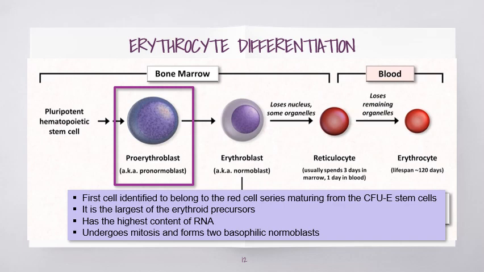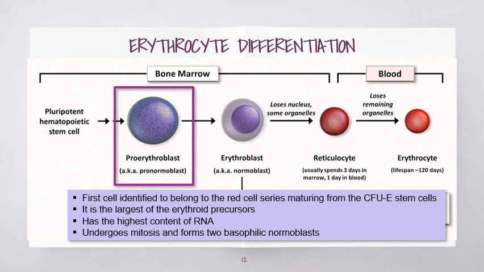So this is the first identifiable, or the most immature cell that can be identified in the red cell series. So as I've stated, it matures from the CFU-E stem cells.